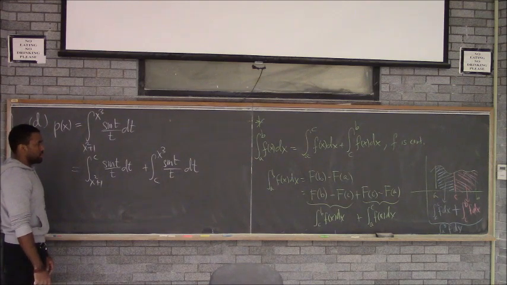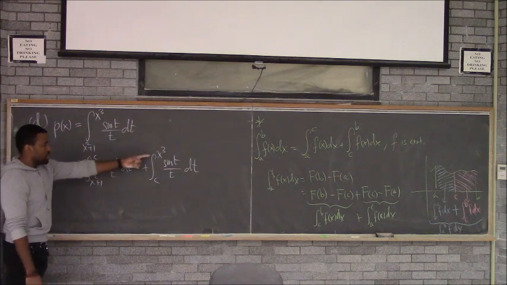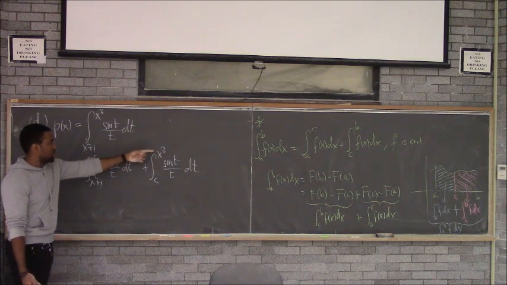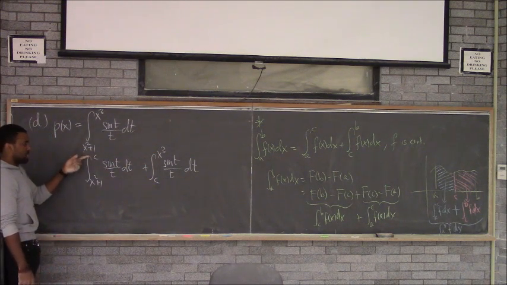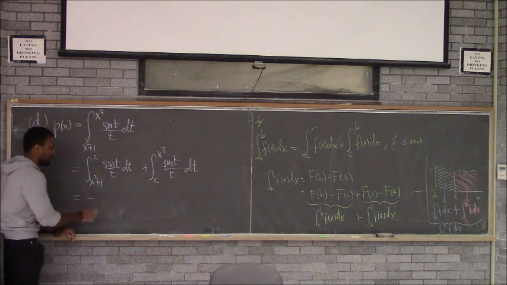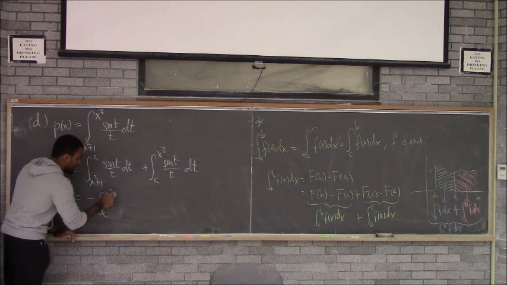So we could do that. We know how to deal with this. When the top is a function that's not x, we just do the chain rule. Here, the function is actually on the bottom, but we also know how to deal with that. That's actually going to be negative, and I can flip these limits.